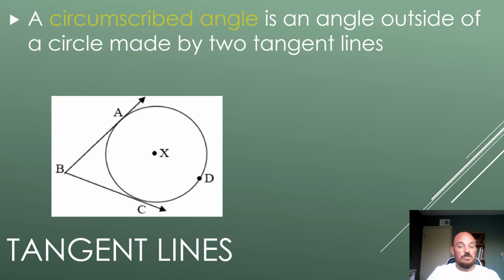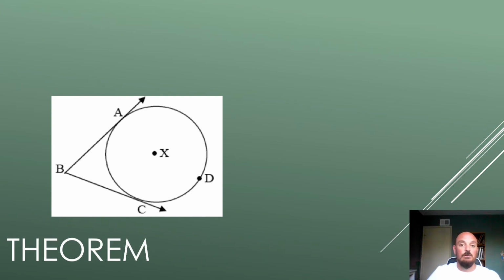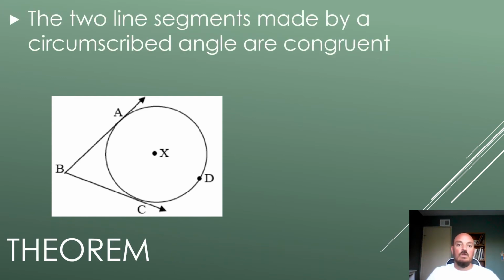Okay, now that we know what a circumscribed angle is, here's a theorem about those. So here's our second theorem for today. It says if you draw a circumscribed angle, then the two line segments you make, from point B where the two tangents started to their points of tangency, are going to be congruent.